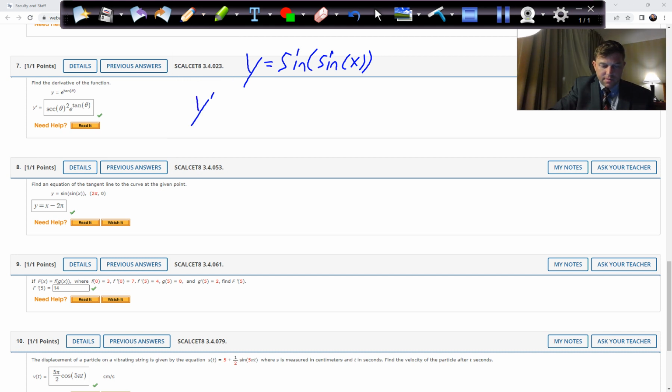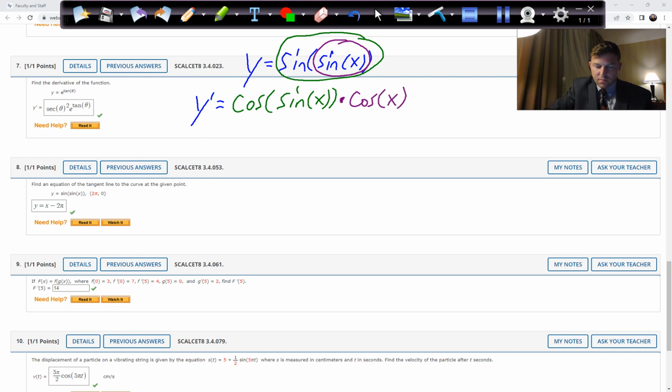Therefore, y prime is going to equal the derivative of the outside, which is derivative of sine is cosine, leave the argument the same, times the derivative of the inside function, which is also cosine. There's no way we can combine that, so you can't call that cosine squared or anything because the arguments of the two cosines are different. But they want us to find this at the point 2 pi comma 0.